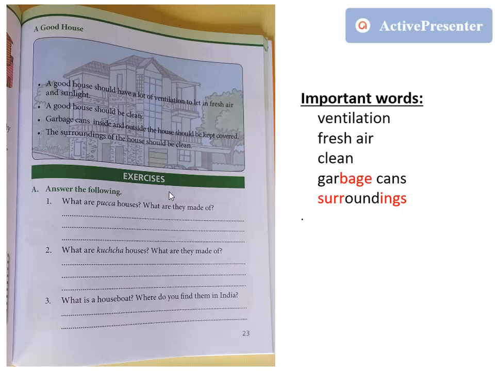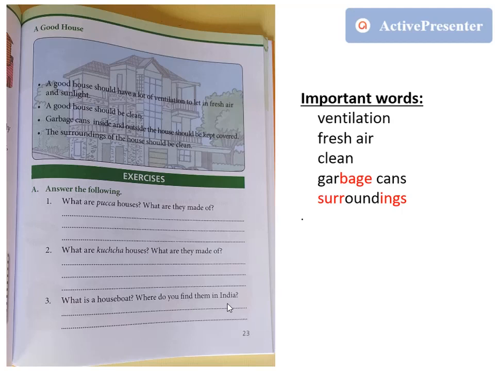Now we have exercises just below this page. Answer the following. What are pakka houses? What are they made of? What are kacha houses? What are they made of? What is a houseboat?